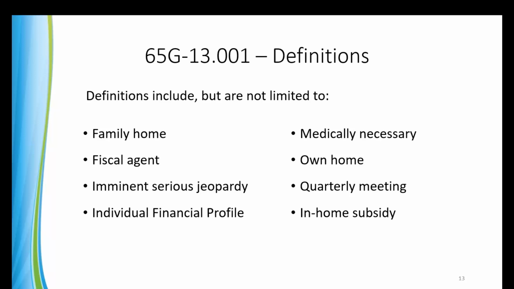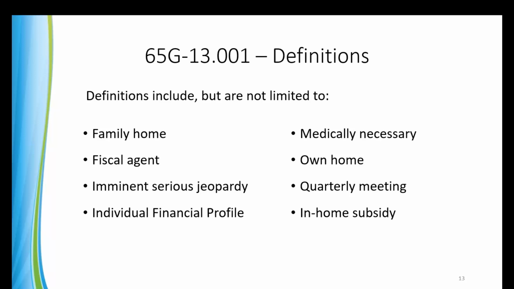And the home has to meet HUD standards for quality, which is what our initial housing survey is based on. It cannot be a licensed residential facility, and it cannot be a family home where they're living with their family members. This is the whole intent of supported living: the person is establishing their own home within the community. So that's an important definition.